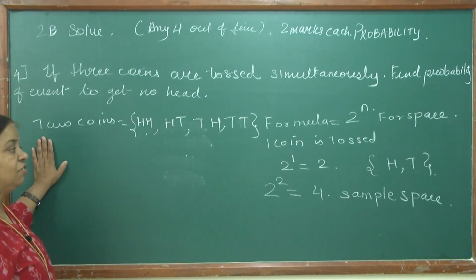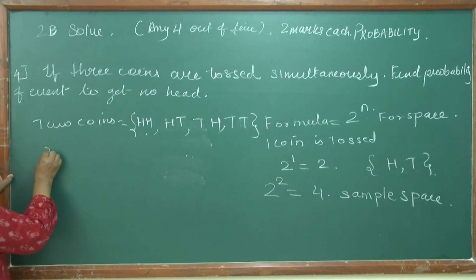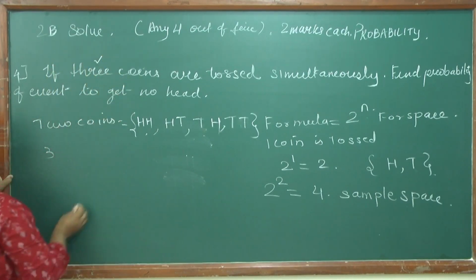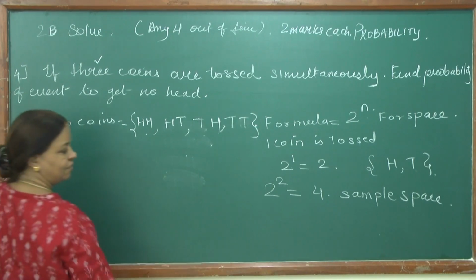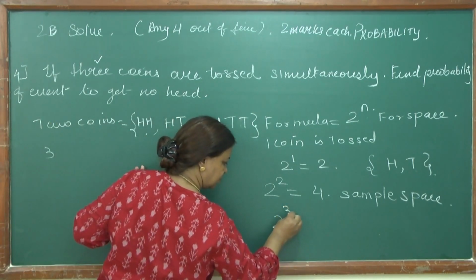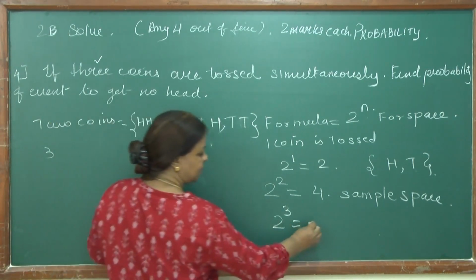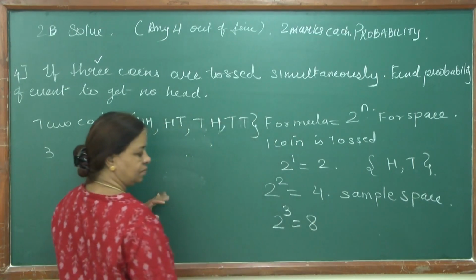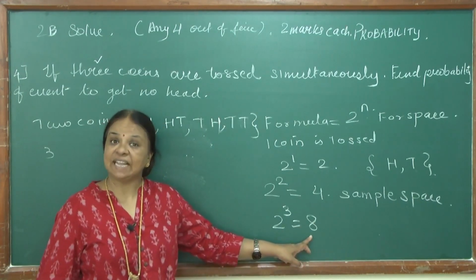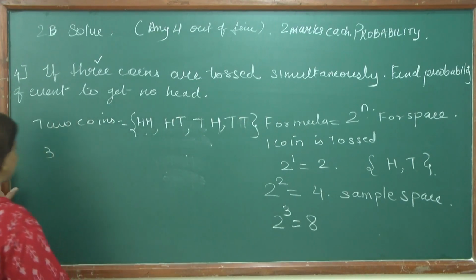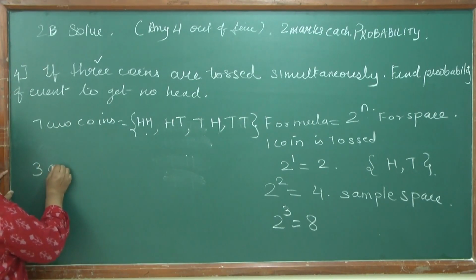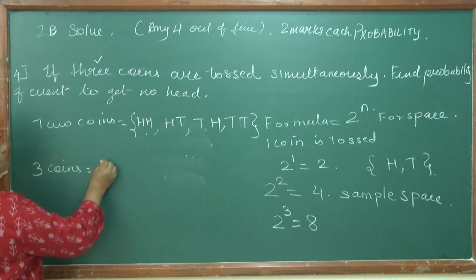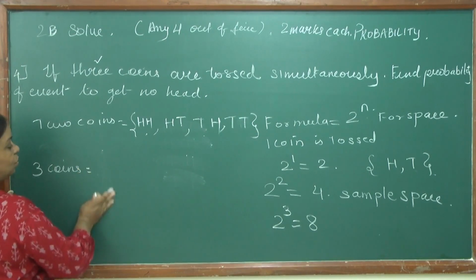Suppose I want to find out for 3 coins. Here the question is of 3 coins. So 2 raised to 3 will be there. 2 raised to 3 means 8. So the number of sample spaces is 8, for 3 coins. How to write that?